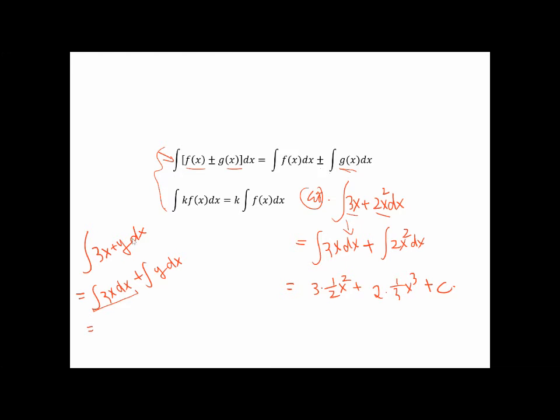This part is the same as here, 3 multiplied by 1/2 x squared, plus, let's see here. I still want to solve for x because the d determines who is my variable. Here it is x. So I treat y as a constant.